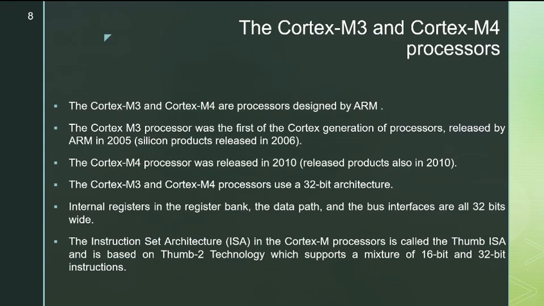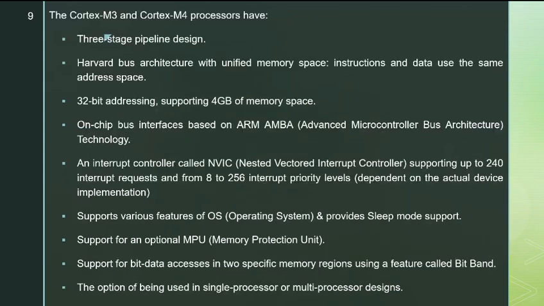Its internal registers in the register bank, the data path and the bus interfaces are all 32 bits wide. The instruction set architecture, which is nothing but ISA, in the Cortex-M processor is called the Thumb ISA and is based on Thumb-2 technology, which supports a mixture of 16-bit and 32-bit instructions.